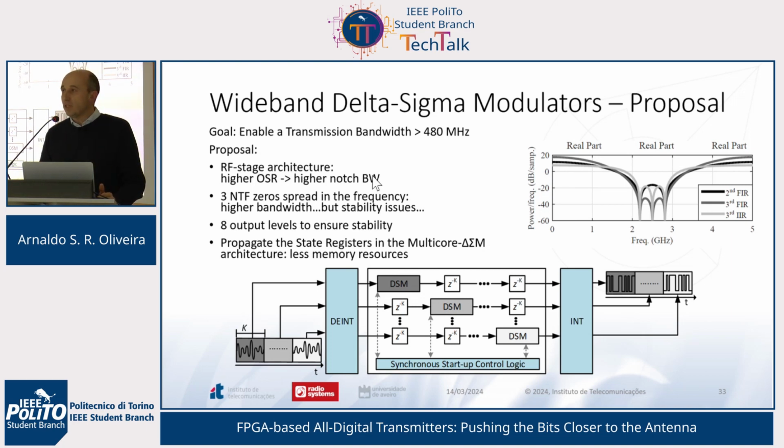That's why we used several outputs in order to have a multi-level representation and to ensure stability. And basically, in order to achieve high sampling rates, we split our delta sigma into several, and we divide the input samples among the several delta sigmas, again in order to achieve a higher equivalent sampling rate. At the input, we split the samples between delta sigmas, and at the output we join again.